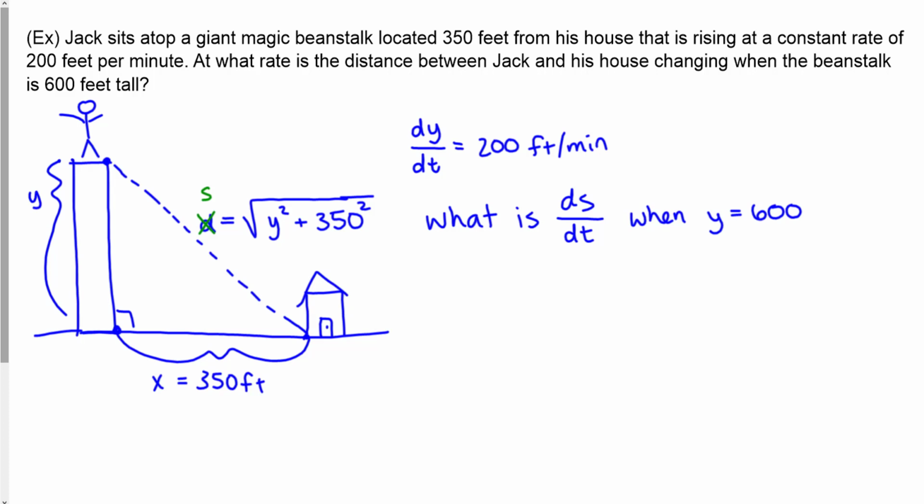So we have this formula that relates s and y, but we need to change it into a related rate formula. Okay, so it's relating the variables s and y. It's not relating the rates of change of the variables s and y. So that's why we can't just use the formula as is. So we need to come up with a related rates formula.